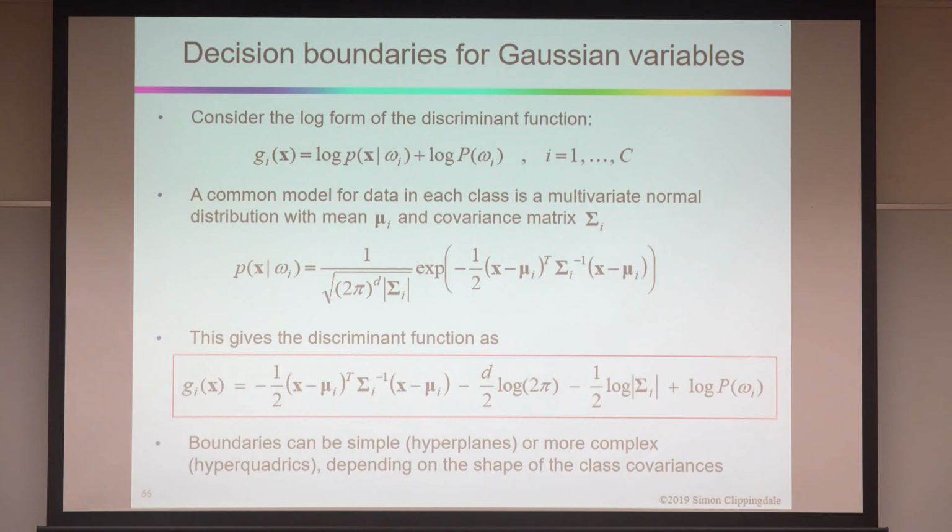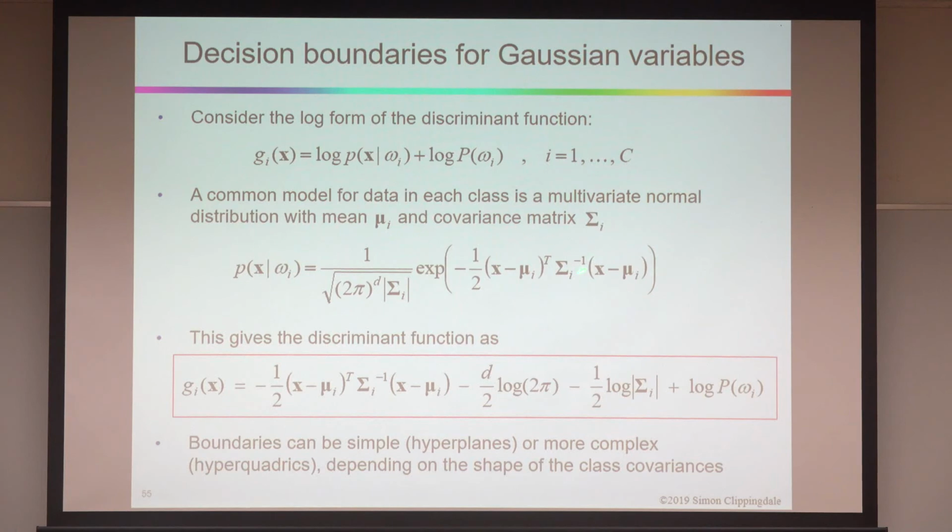So I've reduced it to this slide here. Using the log form of the discriminant, our discriminant function for the ith class is the log of the likelihood, which is the probability that a particular datum came from the ith class, plus the log of the prior probability for that class.